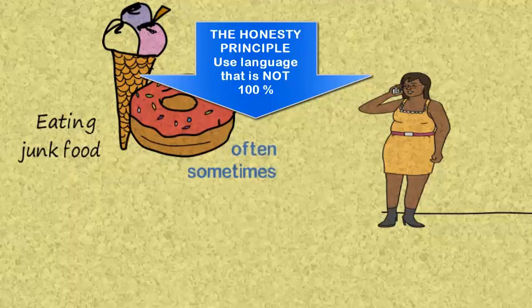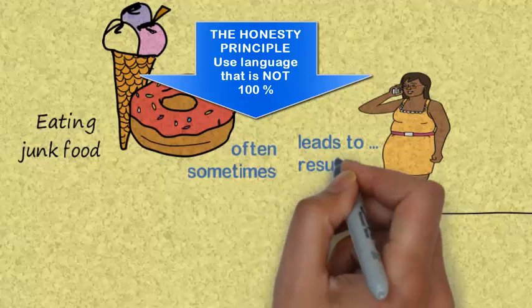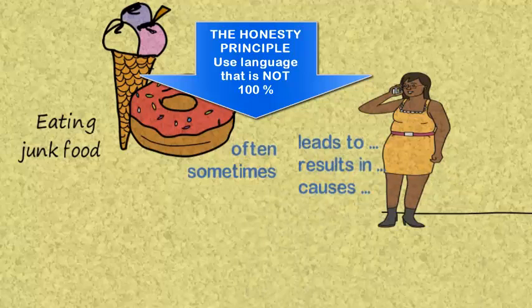We're going to show the reader that we have the right language to describe that. So we can use often or sometimes, leads to, or results in, or causes. So just as a full sentence, eating junk food often leads to, or eating junk food sometimes results in.